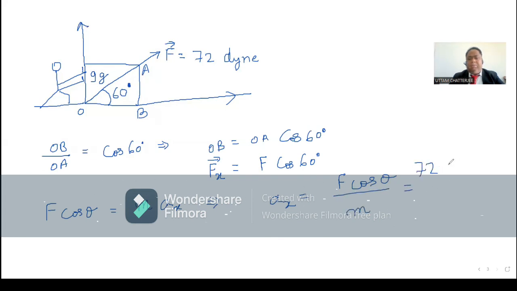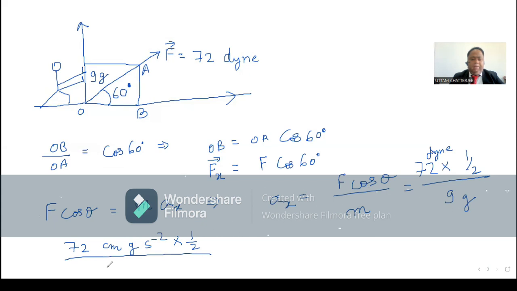It will be 72 multiplied by cos theta, which is cos 60 degrees. The value of cos 60 degrees is half, and m is 9 gram, and the force is 72 dyne. 72 dyne can be written as 72 centimeter gram per second square, multiplied by half, divided by 9.